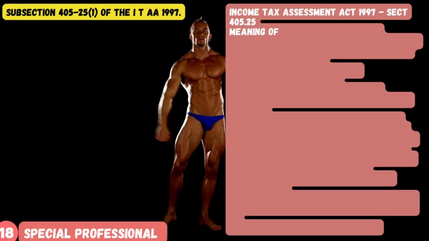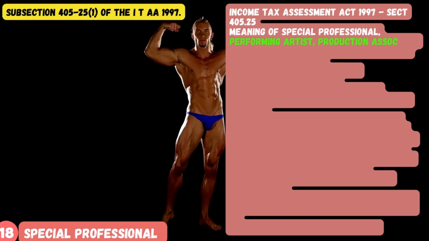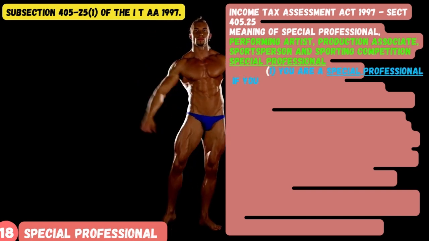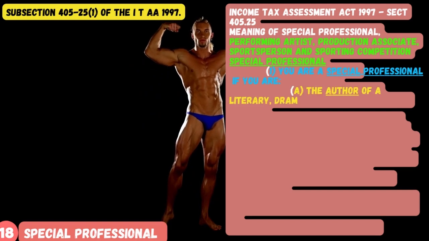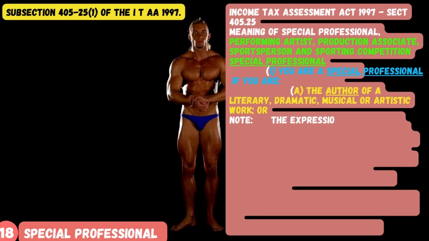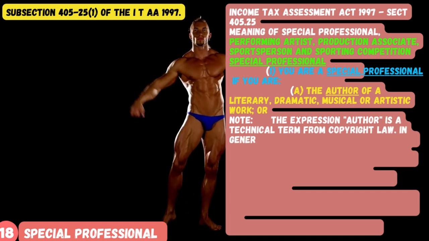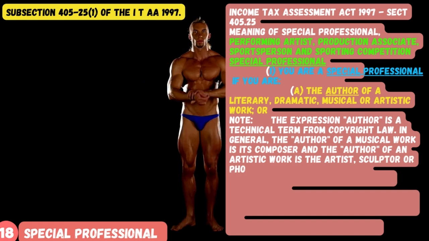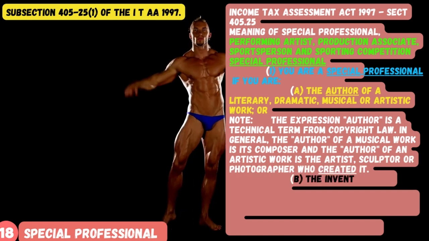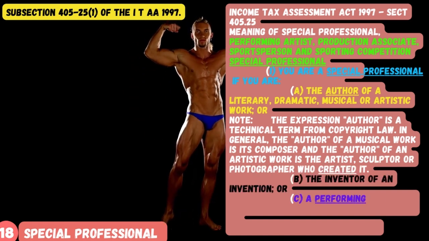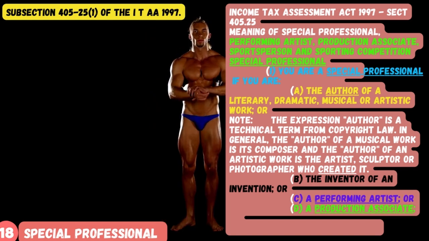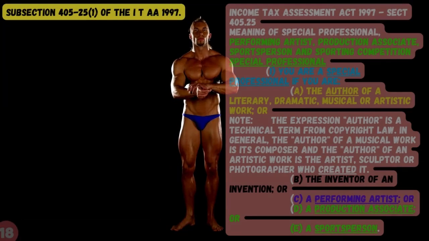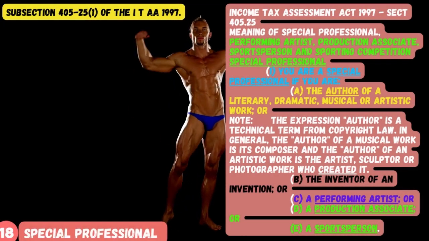Income Tax Assessment Act 1997 Section 405.25. Meaning of special professional: performing artist, production associate, sportsperson and sporting competition. Special professional. 1. You are a special professional if you are a. The author of a literary, dramatic, musical or artistic work, or note, the expression, author, is a technical term from copyright law.